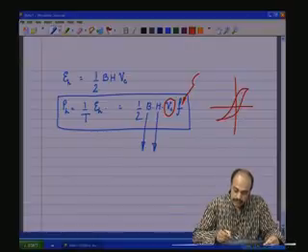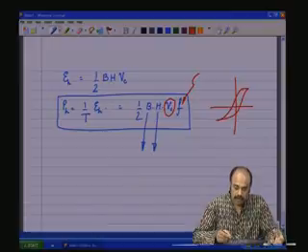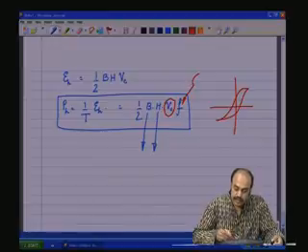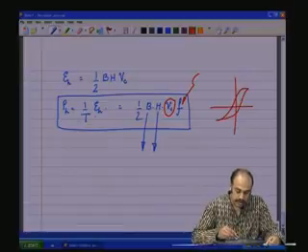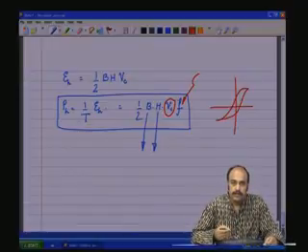If this is traversed more number of times in a second, you are going to have more loss, which is basically the frequency issue coming up here. Higher the frequency, more number of times this hysteresis loop is going to be traversed in a second, therefore, higher is going to be the loss. Therefore, hysteresis loss is also proportional to the frequency of operation.